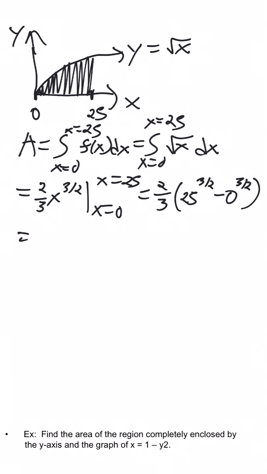Great. 25 to the 3/2 is like 25 to the 1/2 to the 3rd power. So what's 25 to the 1/2? 5. 5 to the 3rd power, 125. Okay, what's 125 minus 0? 125. What's 125 times 2? 250. So we have 250 over 3.